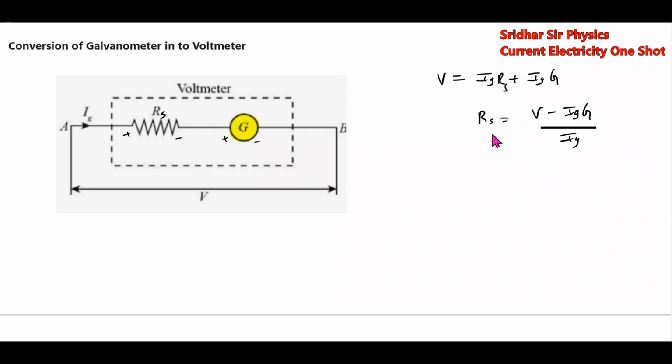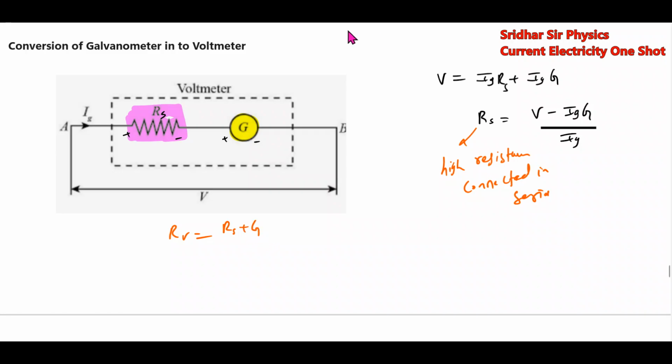So as the range increases, the resistance connected in series with the galvanometer also increases. So the voltmeter resistance will be Rs plus G.